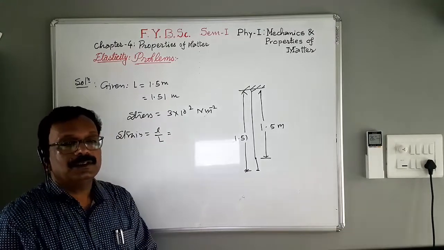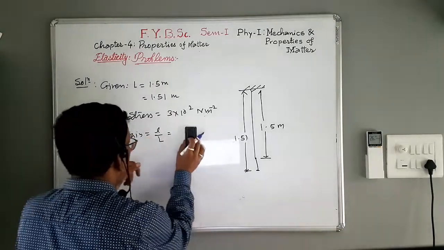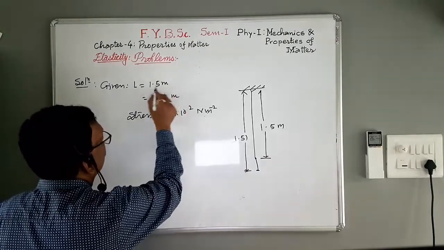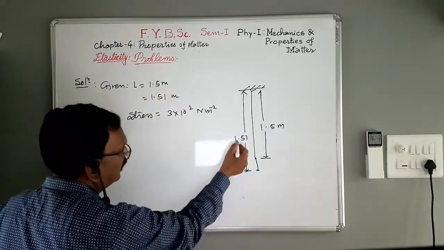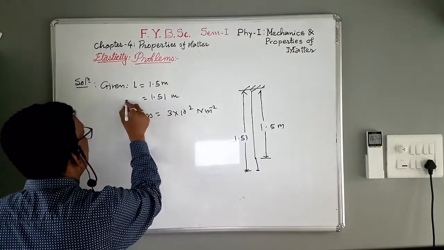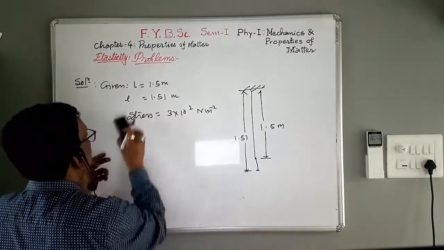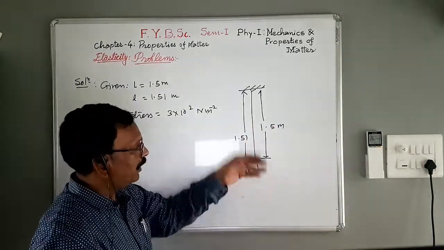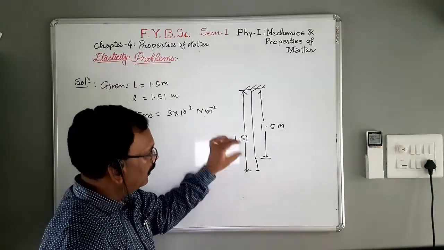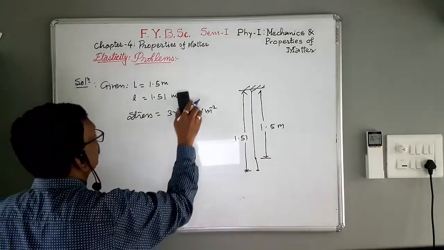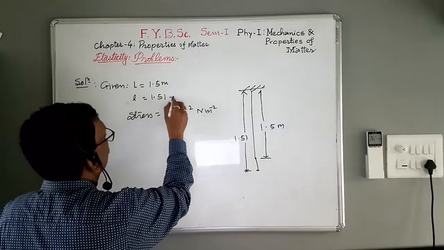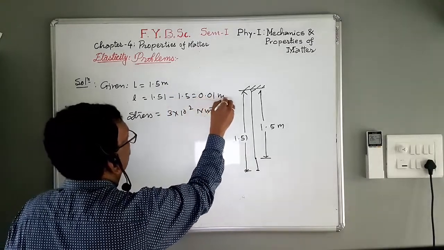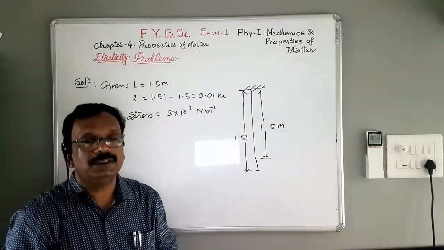Original length L is 1.5 meter and the final length is 1.51. Therefore, 1.51 minus 1.5, you get 0.01 meter. This is the change in length.